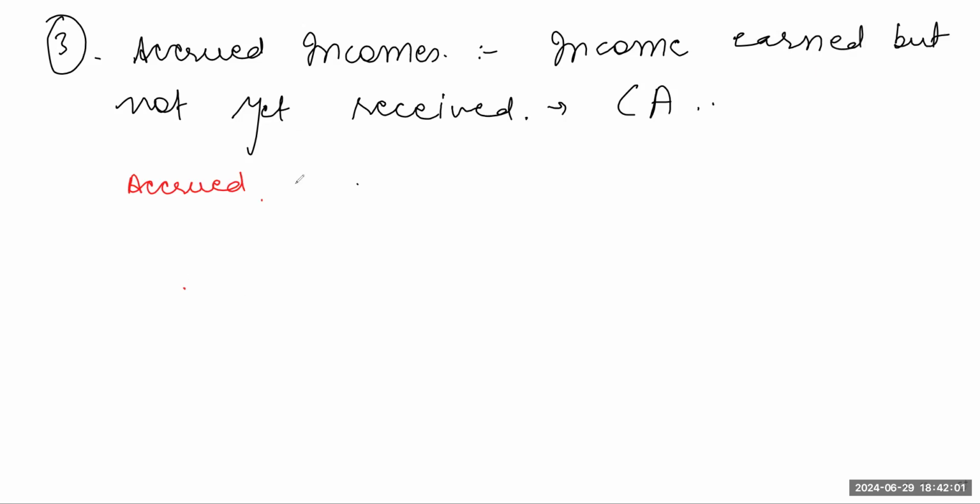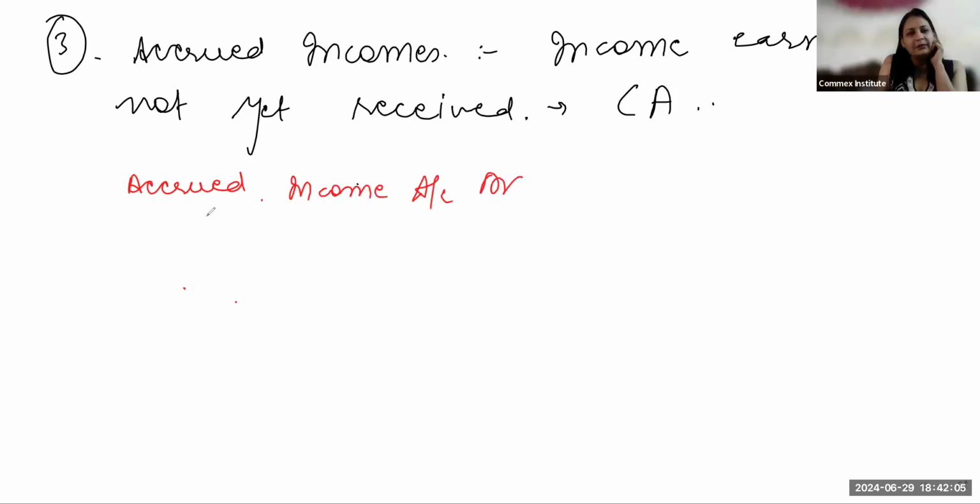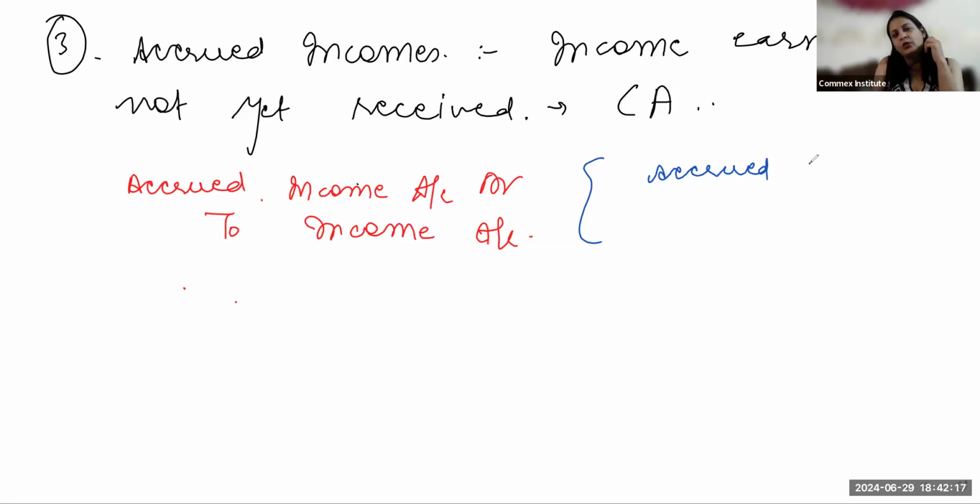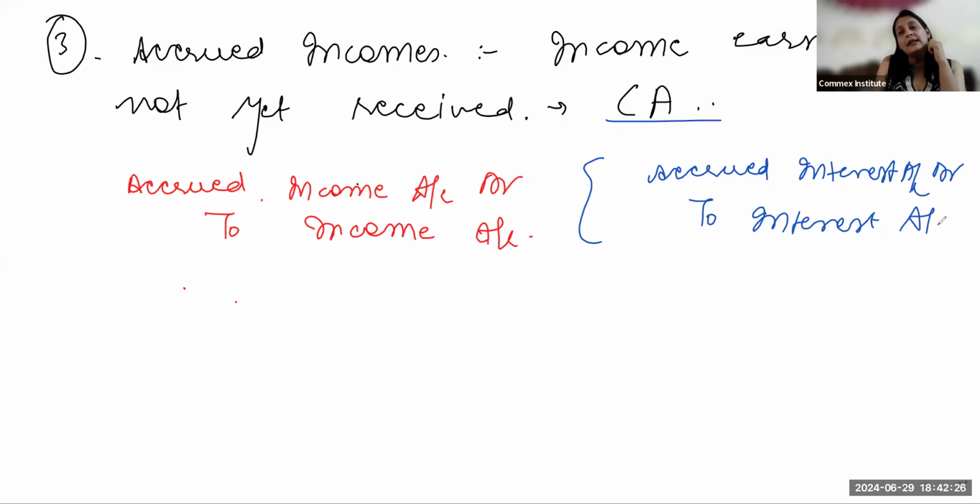So it would be accrued income account debit to income. This is the generic entry. If I talk about accrued interest, what will be the entry? Accrued interest account debit, because it's a current asset, to interest account. Interest account is being credited because it is my income.